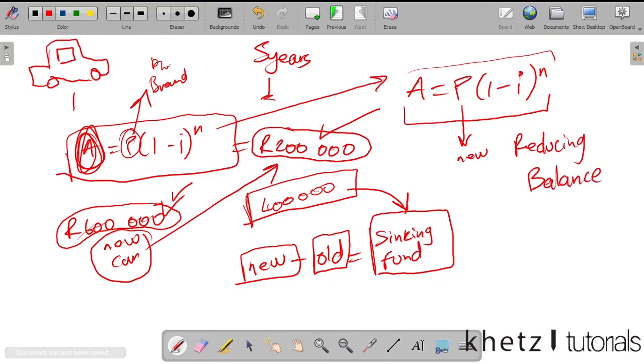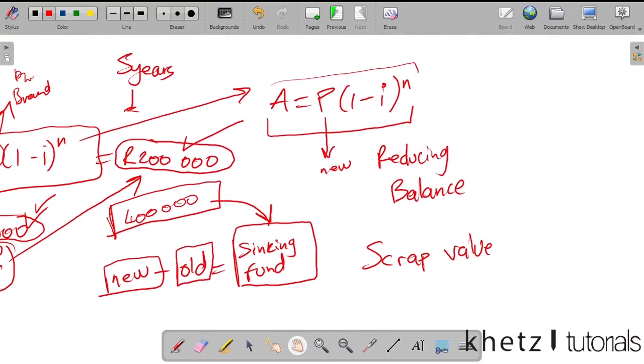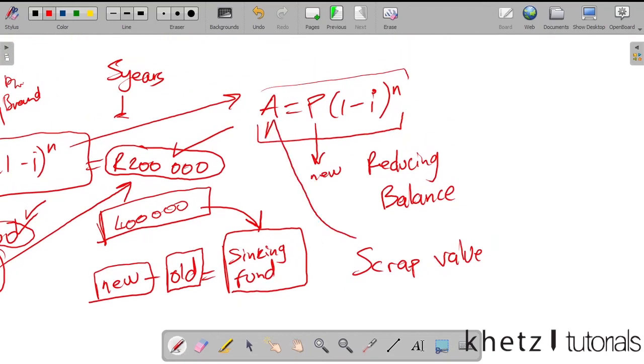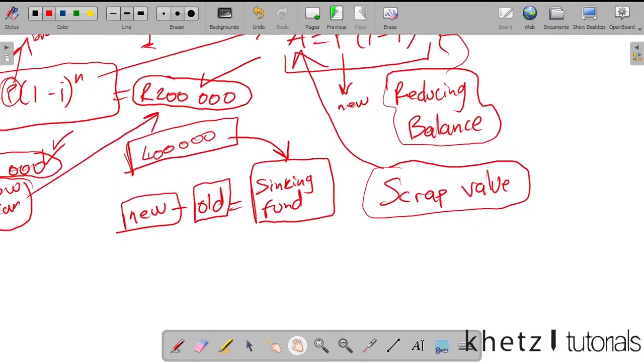Another term which I want to talk about, which is the last term, would be your scrap value. Your scrap value would be the actual amount that you get after selling your old item. The method that you use to calculate that scrap value is called the reducing balance. So the reducing balance is the method itself, and your scrap value is the amount which you get after depreciating.